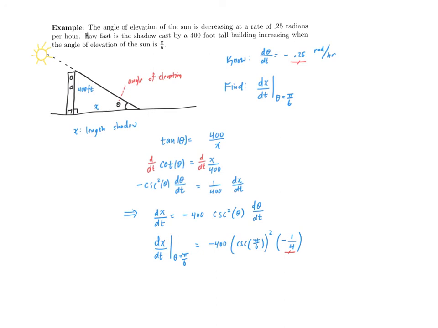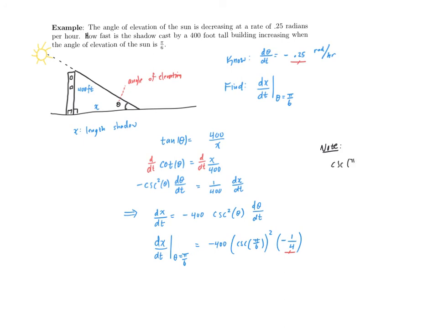So the final thing that we need to do is evaluate this trig function cosecant at the common angle of pi over 6. And remember, we should always evaluate trig functions at common angles. So you need to be familiar with this.